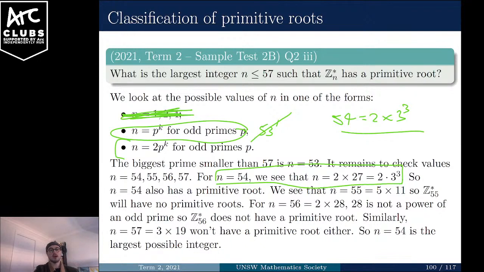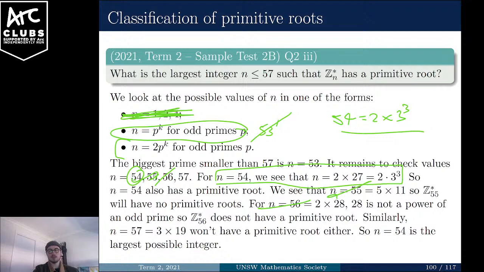So 55. 55 is 5 times 11. It doesn't fall into any of our criteria. 56 is 2 times 28, but 28 is not a power of a prime. So 56 doesn't work. 55 no, 56 no. So the last one to check really is 57.